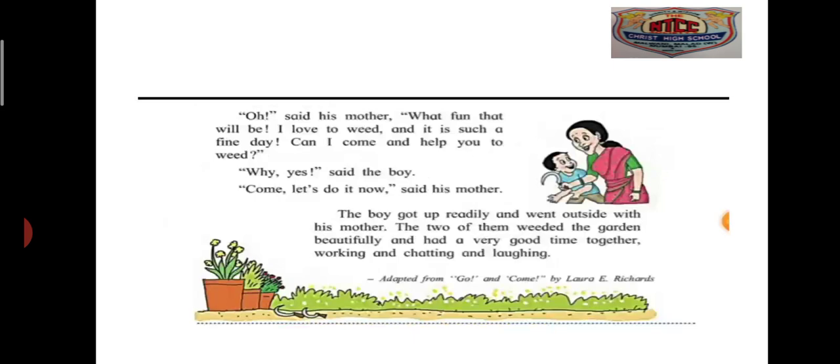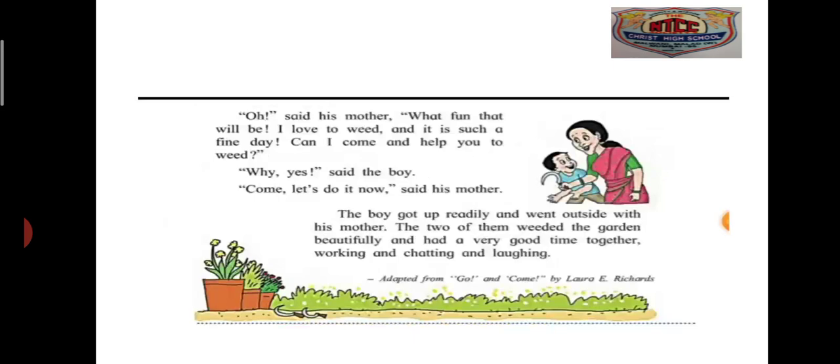The boy got up readily and went outside with his mother. The two of them weeded the garden beautifully and had a very good time together, working and chatting and laughing.